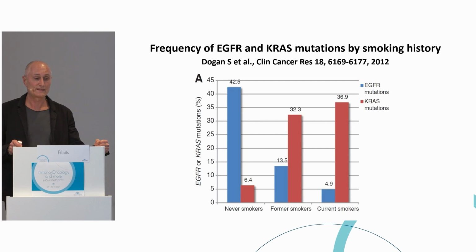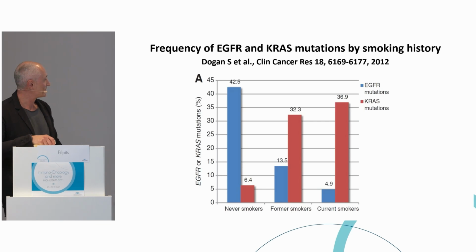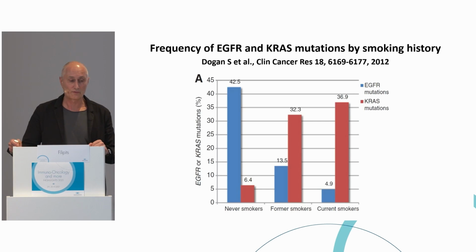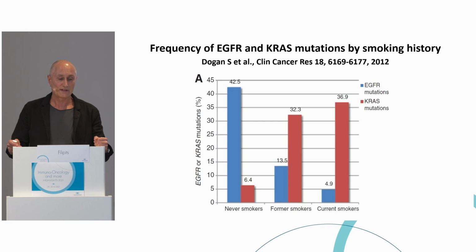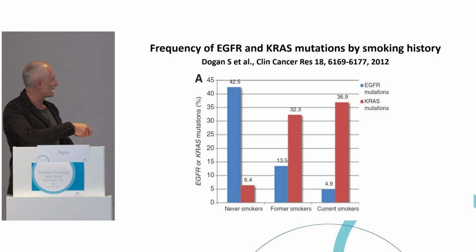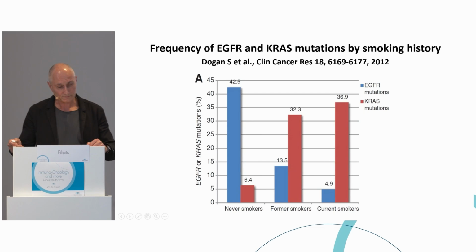Another important thing is, if you look at the two main mutations, EGFR and KRAS, that EGFR mutations are mainly present in never smokers, so 42% of never smokers harbor this EGFR mutation, whereas in former smokers and current smokers, KRAS is the main mutation. 30 and 35% of these patients have the KRAS mutation, and very low numbers, 5% and 13%, EGFR mutations.